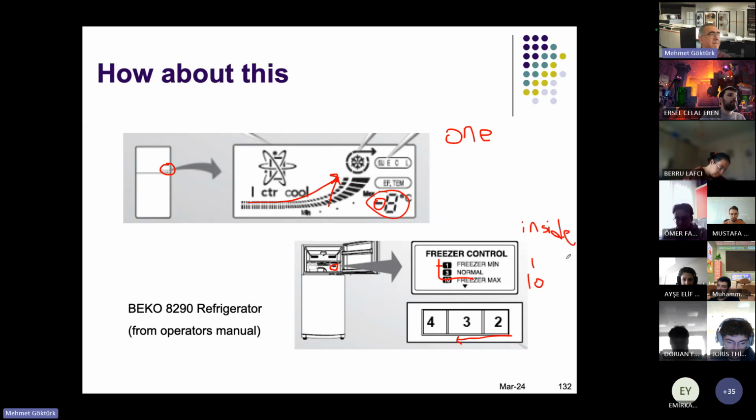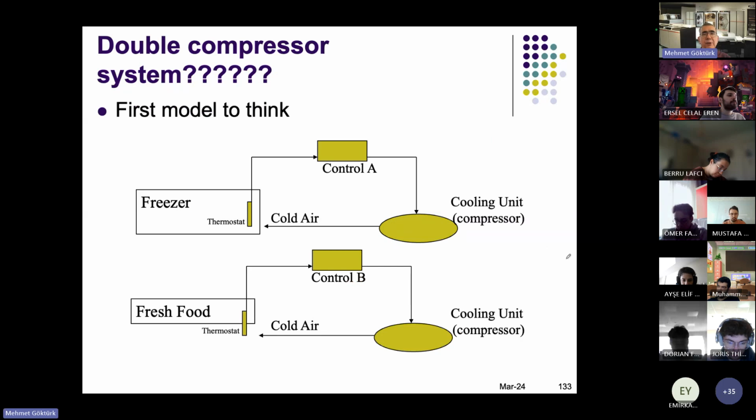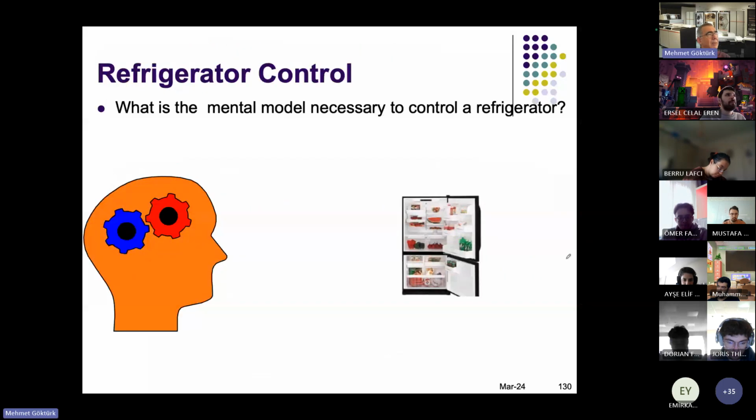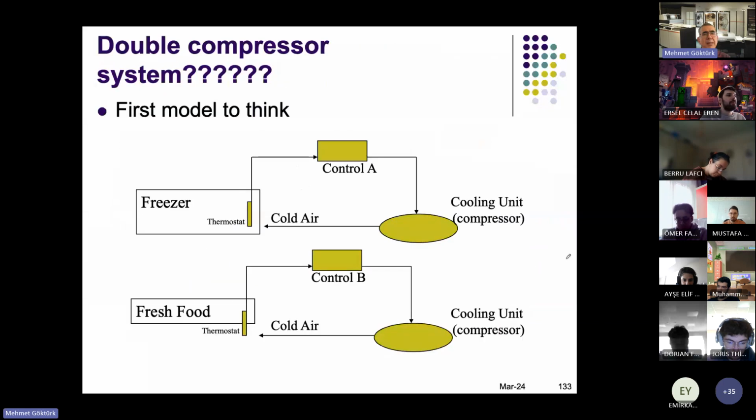This is interesting. So the first model, Vestel, creates this kind of illusion. You have a freezer and you have a cooler. You have a control for the freezer and you have the control for the cooler separately.